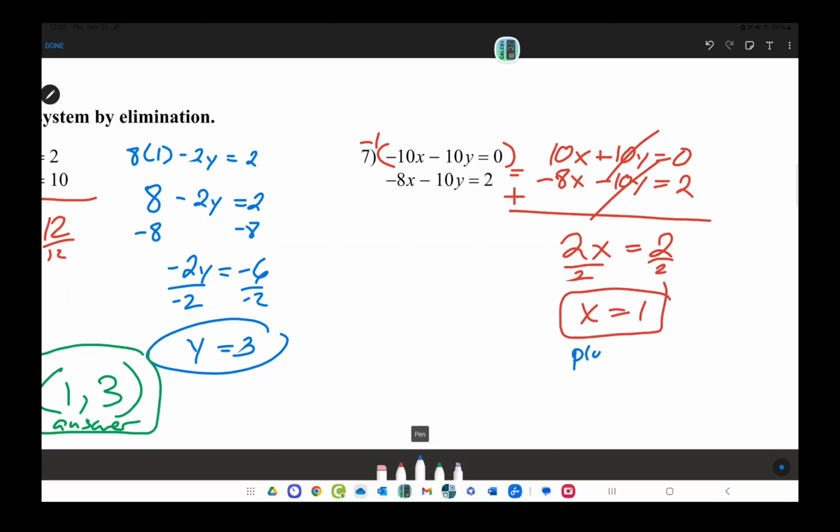Again, we plug in. Doesn't matter which one we plug it into. Let's say we plug it in down here. Negative 8 times 1 minus 10y equals 2.